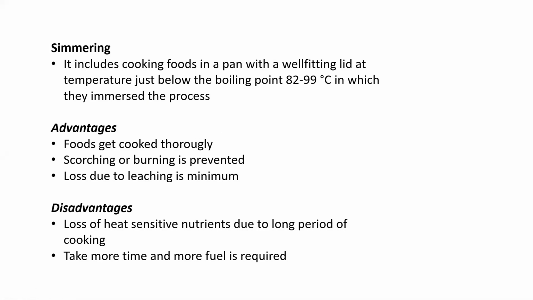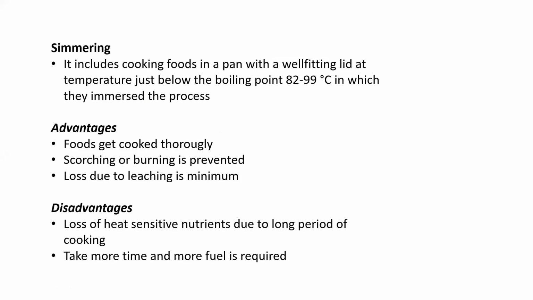Next is simmering. It is almost the same as boiling, only the change is in temperature. In boiling, the temperature is about 100 degrees Celsius, and in simmering, it is about 80 to 99 degrees Celsius. Here, we cook food in a pan with a well-fitting lid at a temperature just below the boiling point.